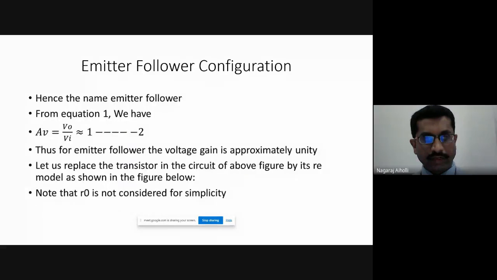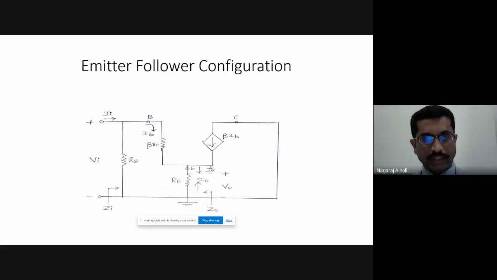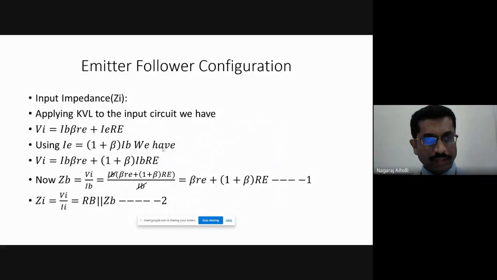Later we derived the performance parameters of the emitter follower configuration considering the re model. You will have to remember the formulas for the various performance parameters of the emitter follower configuration, because they will be used in other circuits.